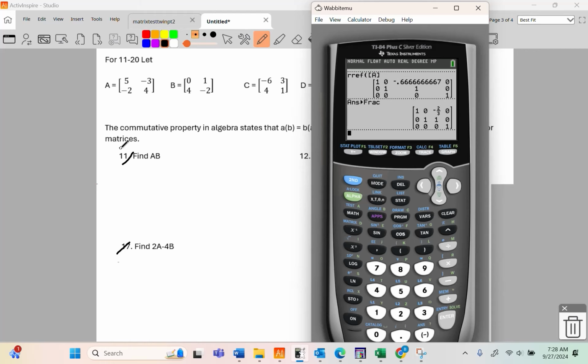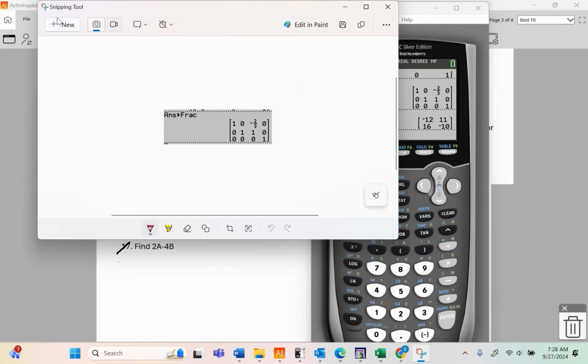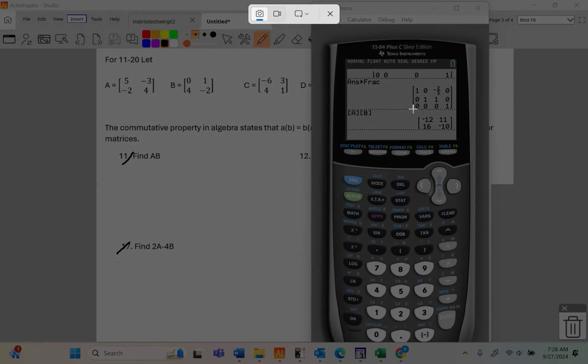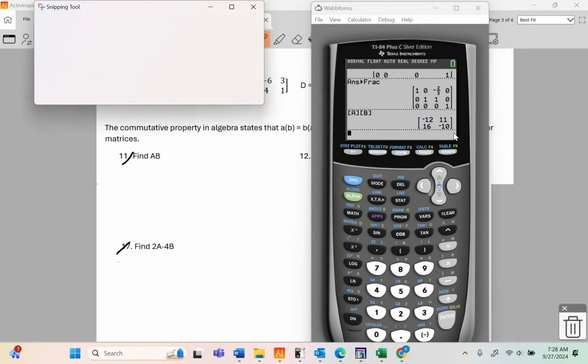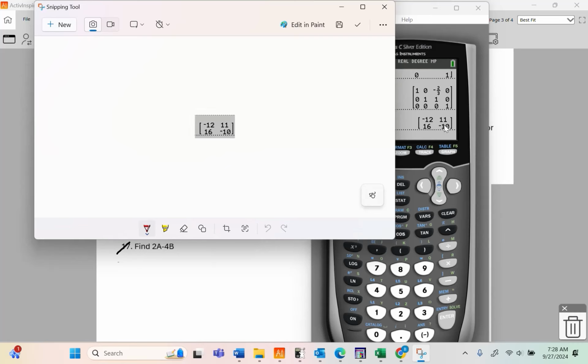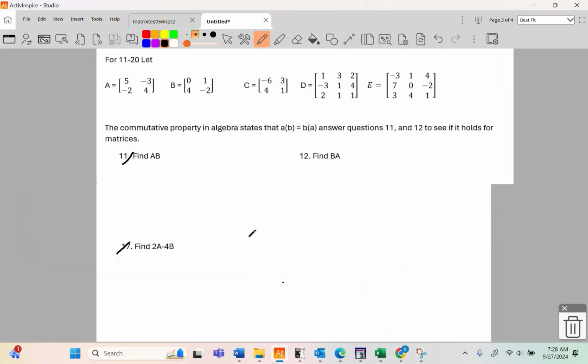So if I want to do number 11, which is A times B, I'm literally going to go to second matrix. A is highlighted. I'm going to press enter. Back to second matrix. Highlight B, press enter, and magic. That's what it is. Now, if you actually bothered to do this on your own, you didn't just get a copy of somebody else's work, you should appreciate that.